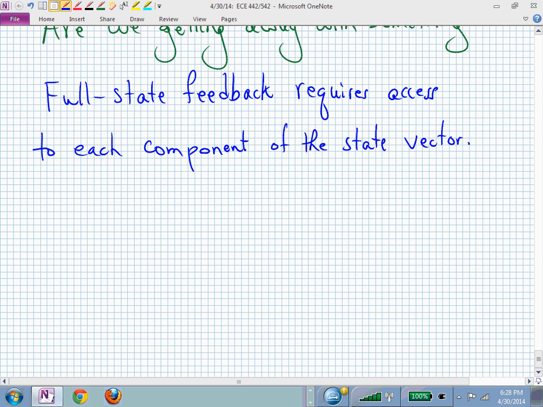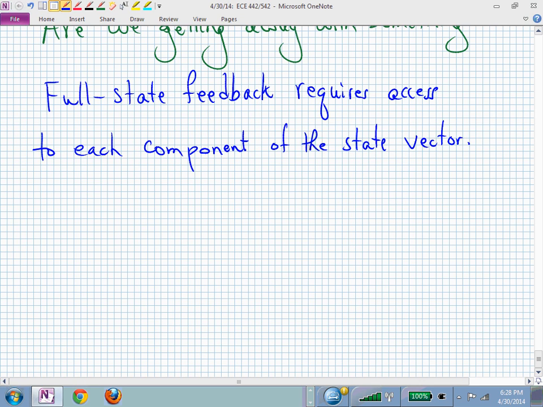Then you can't have full state feedback. We'll get around that next week. I don't think I'm going to get there, but we will build full order estimators, which will allow us to estimate every one of these state vector components if we don't have them available for measurement directly. But we're not there yet.